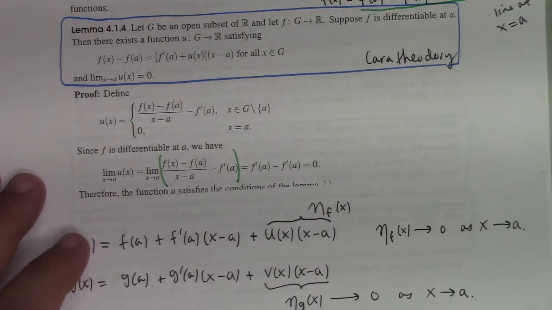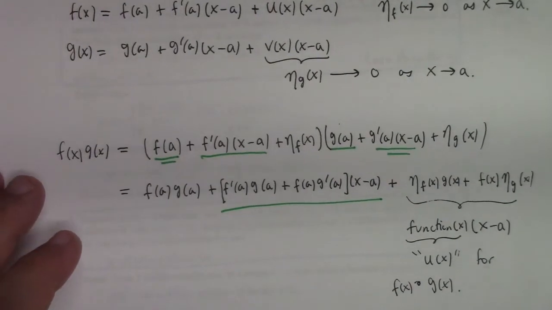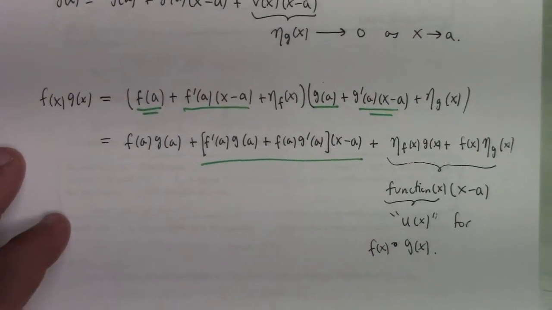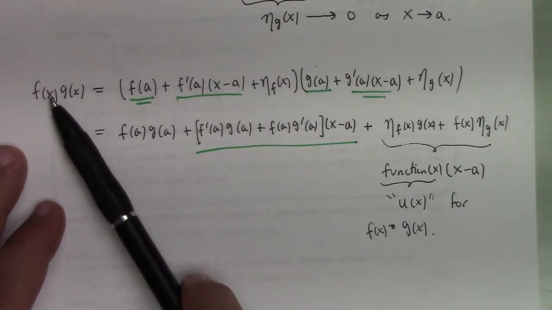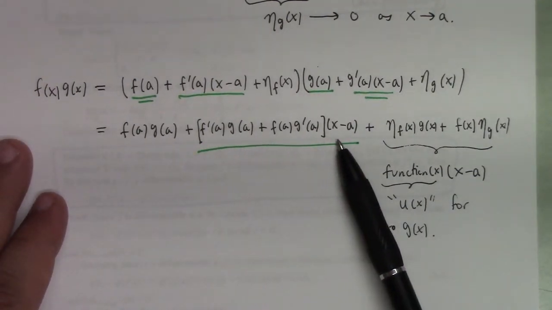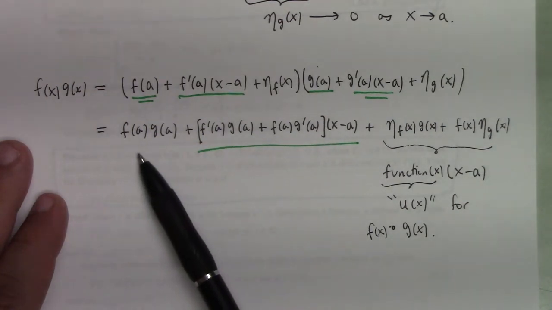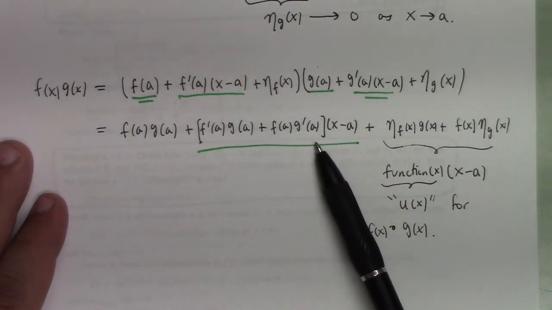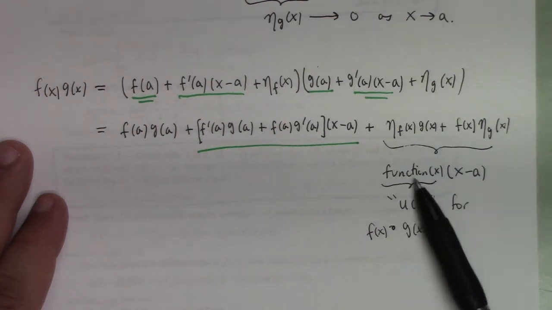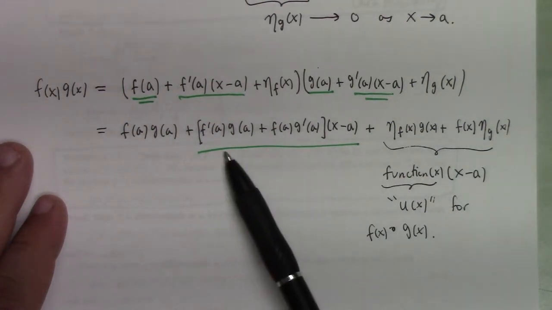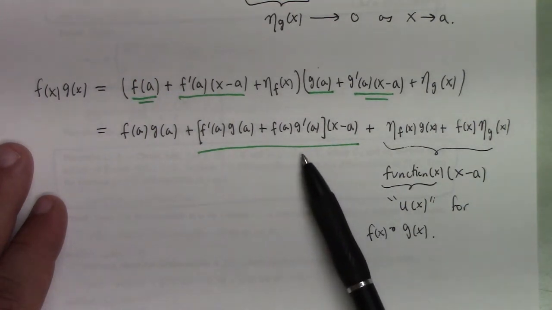So what I'm trying to say is, I haven't quite given you all the details, but in that way of thinking, the fact that I can show that f of x times g of x is equal to this linearization, well, this affinization of these terms right here, and then there's this other piece which goes to 0 as x goes to a, shows you that what's underlined in green is in fact the derivative of the product.